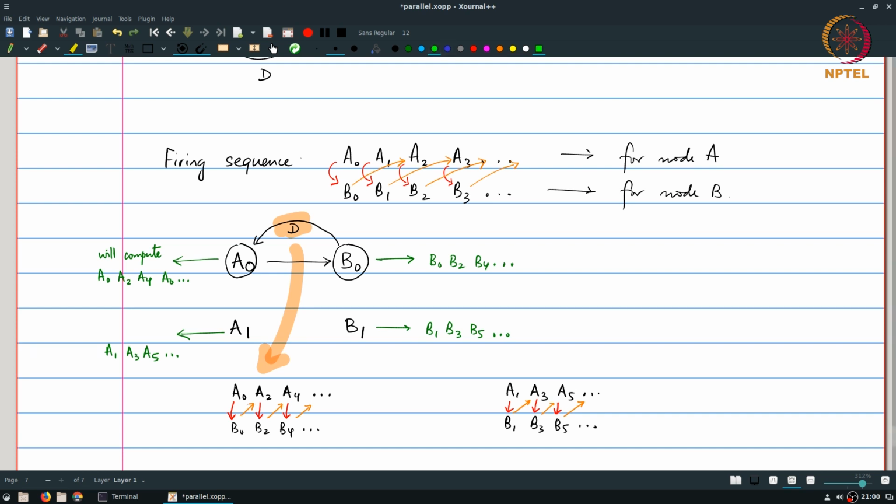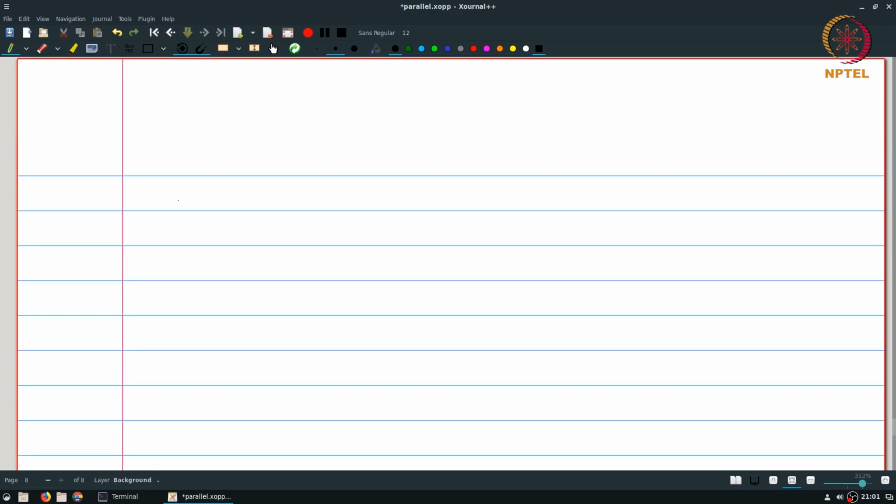Right? This edge essentially corresponds to only a single delay. So then if I go back, I now further have A1 to B1, and that also has a single delay element on it.